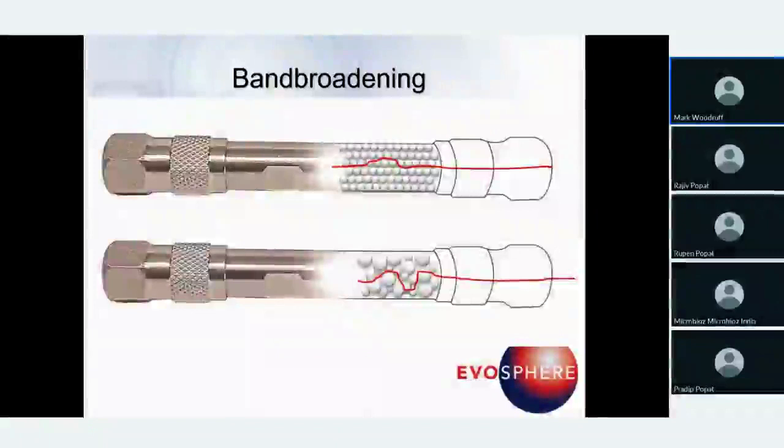One of the reasons is because of the way these particles will pack into a HPLC column. So I've shown you two columns here. The first one at the bottom shows you where you have that variety of particle sizes. So, this can be a 5 micron column, but as we've already seen, there will be some diversity in the particle size. So 4.5, 5.5 micron particles.